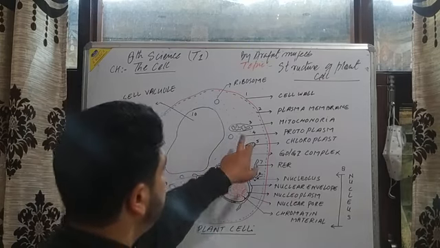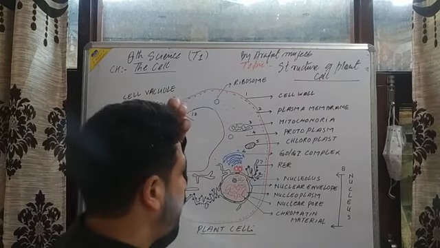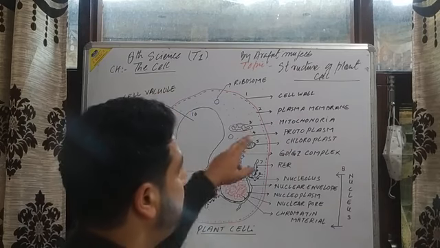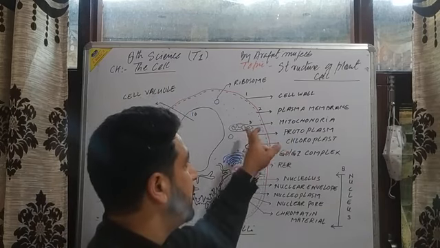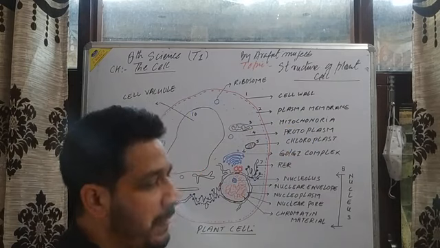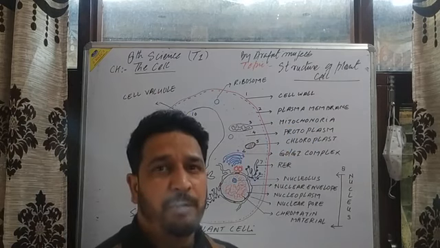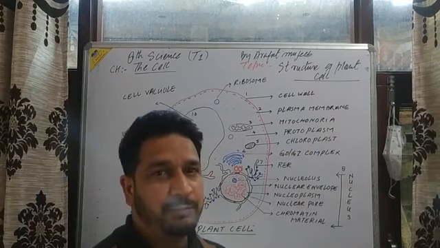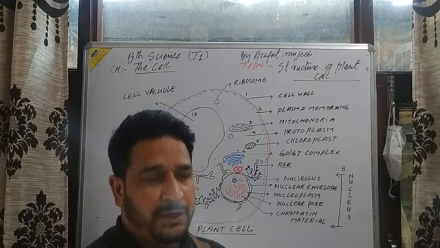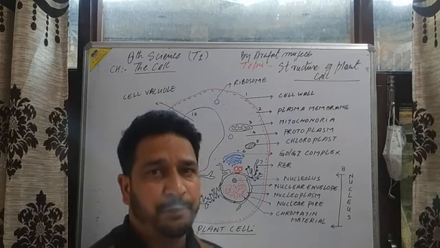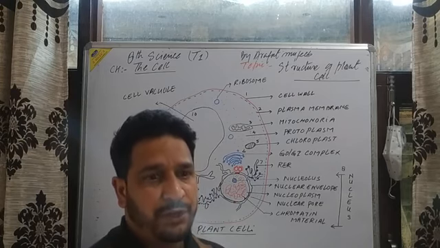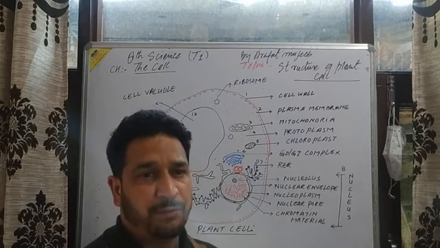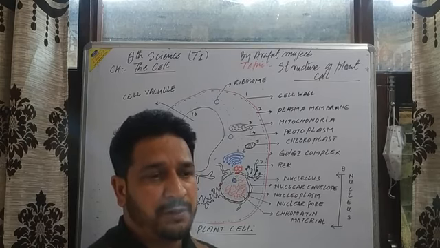Then the third one is the mitochondria. Mitochondrion. यहाँ सिंगल हम बताएंगे mitochondrion. This is known as the powerhouse of the cell. It performs the respiration process inside the cell, cellular respiration takes place, aerobic type of process takes place.